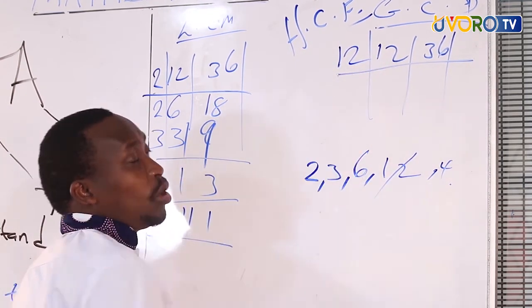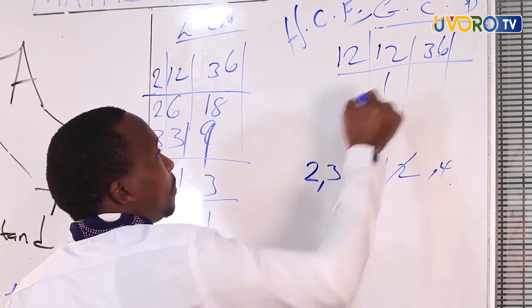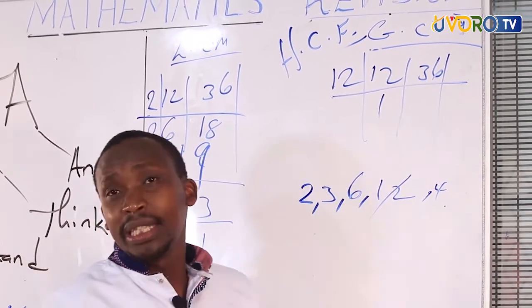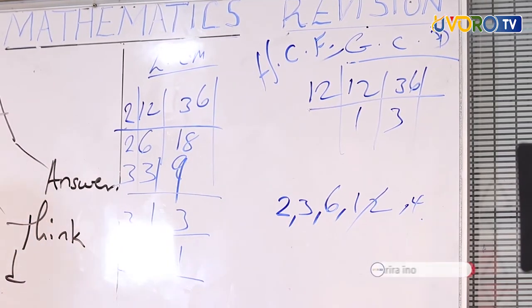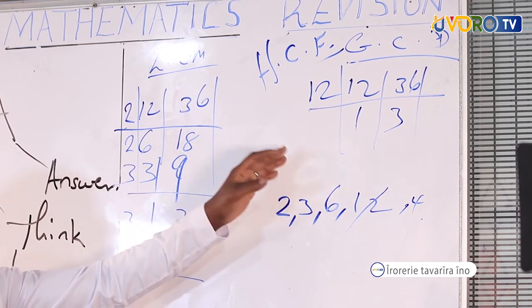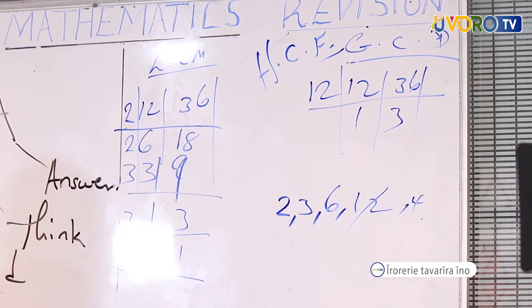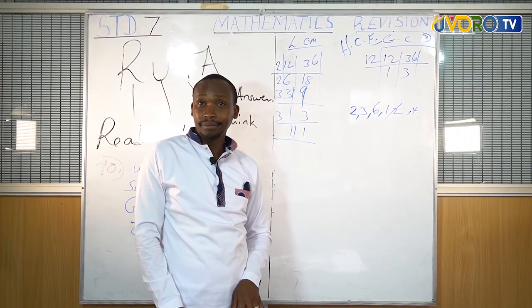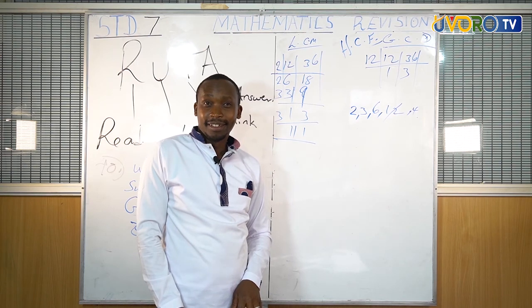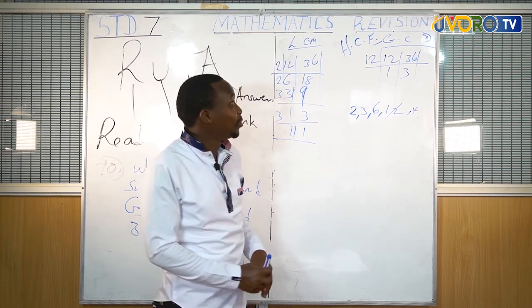Now, 12 times what equals 12? 1. 12 times what equals 6? 3. In GCD, we just look at the numbers that can divide all the numbers without a remainder. If there is no other number, the sum ends there. In our case here, what should we put there? 1. Let's put 1.